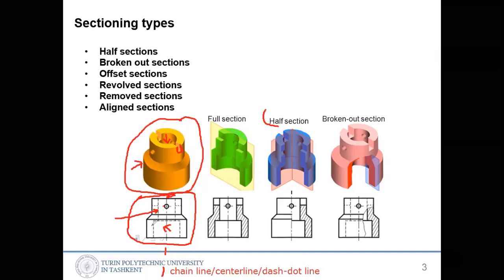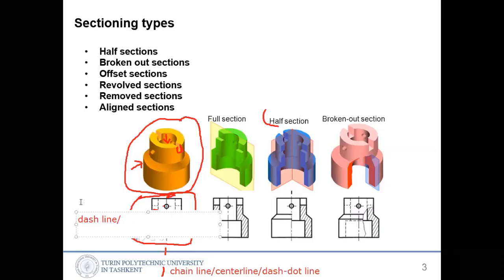We can just say dash line, or hidden line, hidden feature line. A hidden edge shows the hidden feature. We have this kind of hidden line.